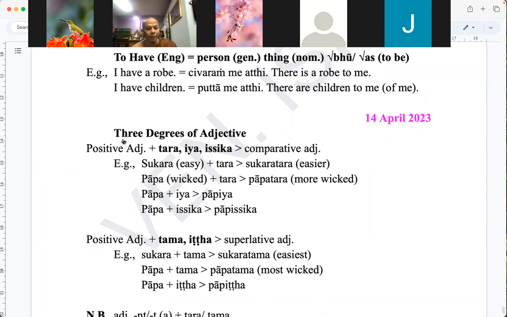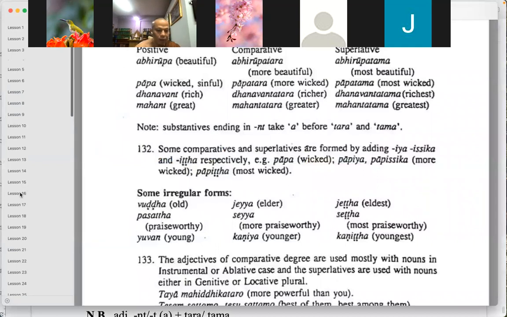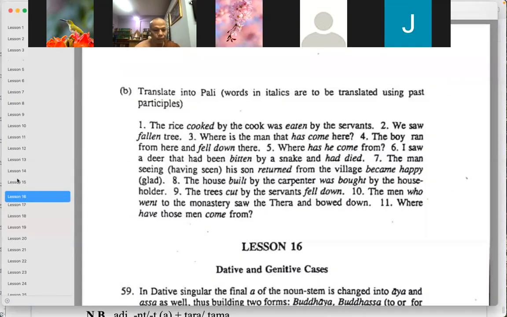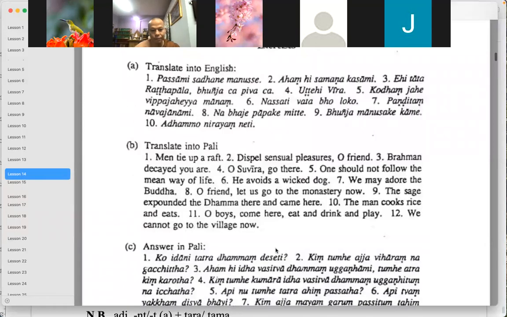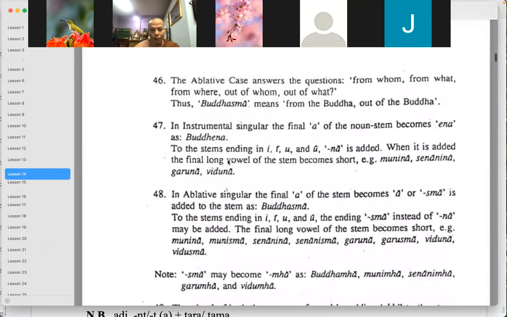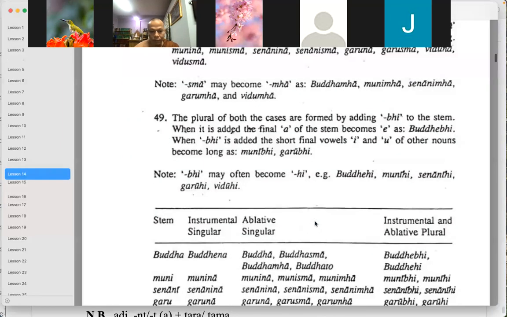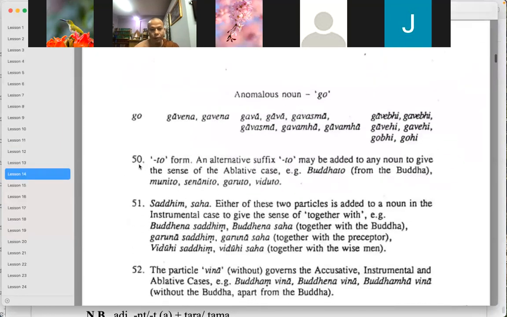So here you see, in lesson 14, the ablative case. Here you see, the to form and alternative suffix may be added to the noun to get the sense of the ablative. You see? Yes, I forgot it.